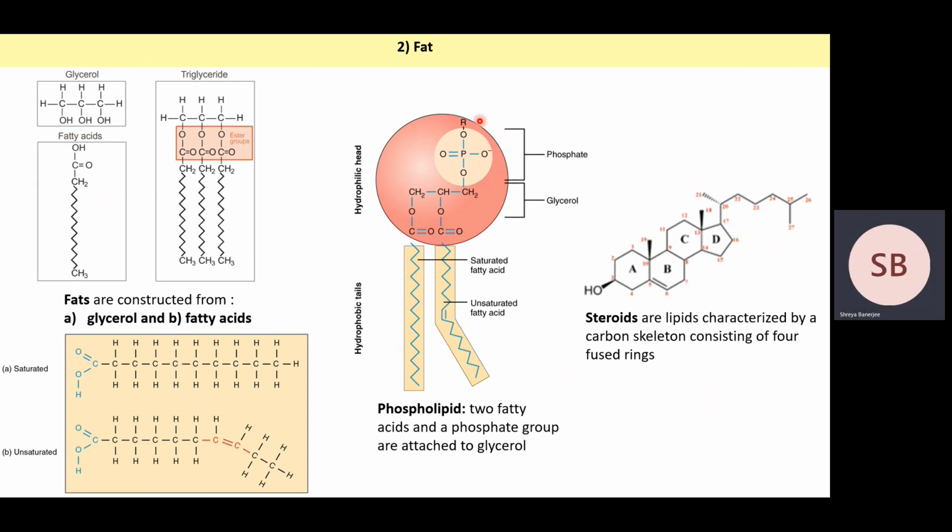Because of the negative charge of the phosphate group, this portion becomes hydrophilic and it is called the head, whereas the aliphatic chains form the hydrophobic tails. Steroids are lipids characterized by a carbon skeleton consisting of 4 fused rings. So there are 4 rings A, B, C, D here, and this is an example of the steroid cholesterol.